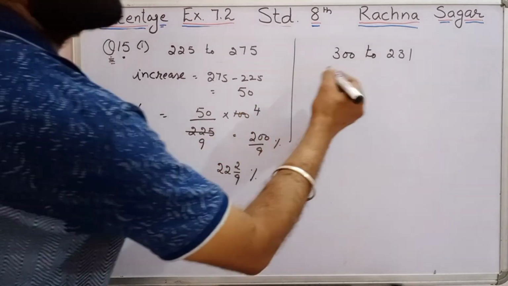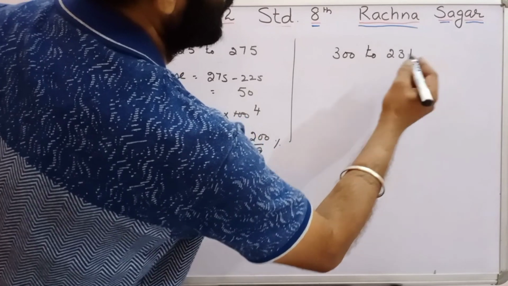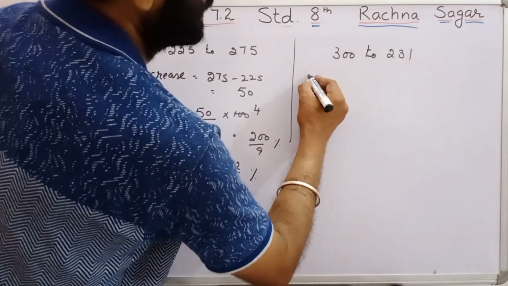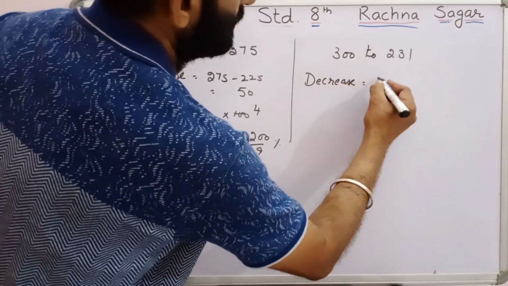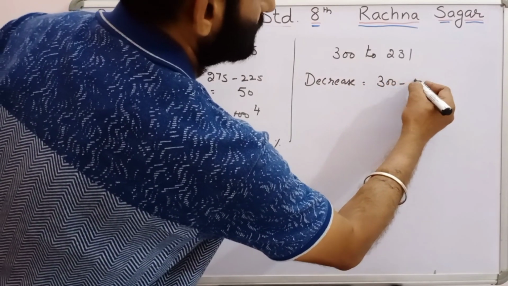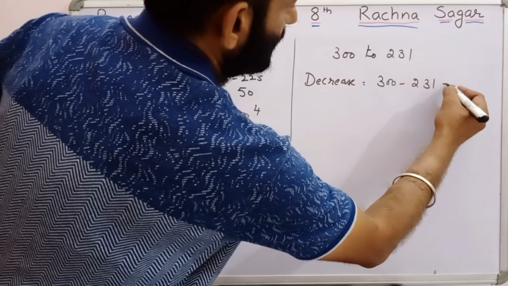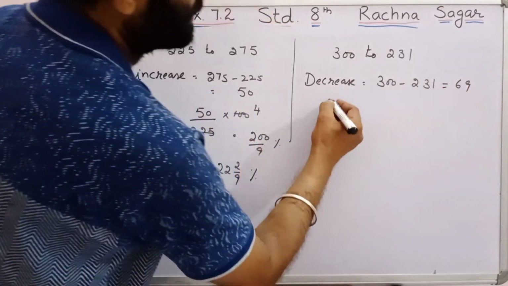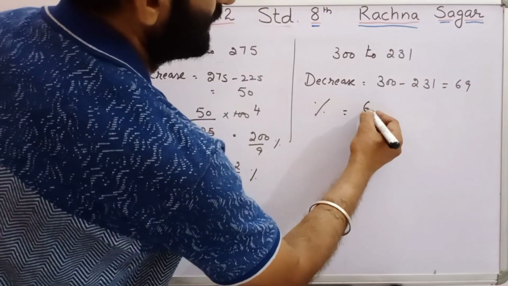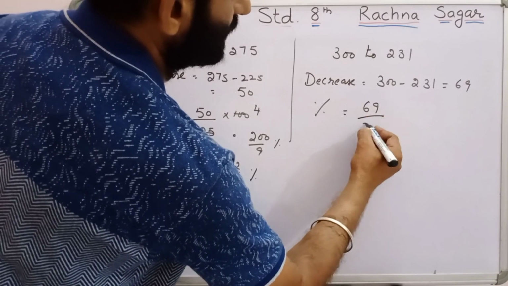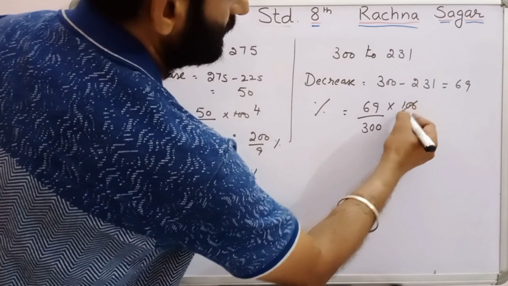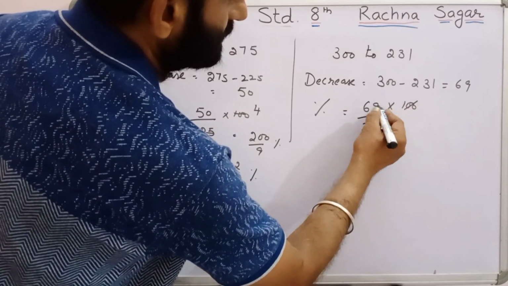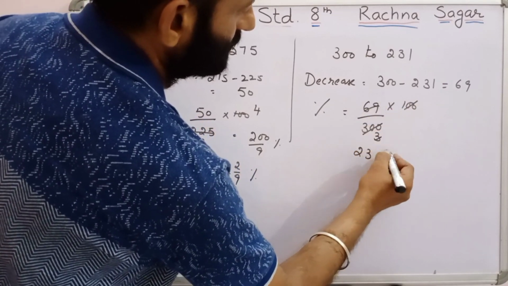A number is decreased from 300 to 231. Find the percentage decrease. First of all, decrease in number, 300 minus 231, it is equal to 69. Percentage decrease, it is decrease in number 69 over original number 300 multiplied by 100. It is 23%.